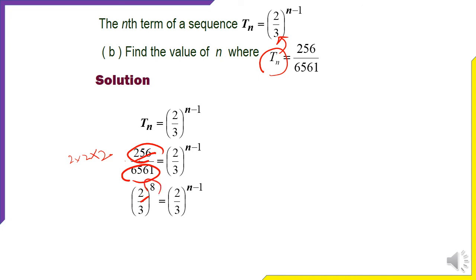Directly from here we can compare that the power n minus 1 equals 8. So n minus 1 equals 8, so n equals 9. So this is the ninth term.